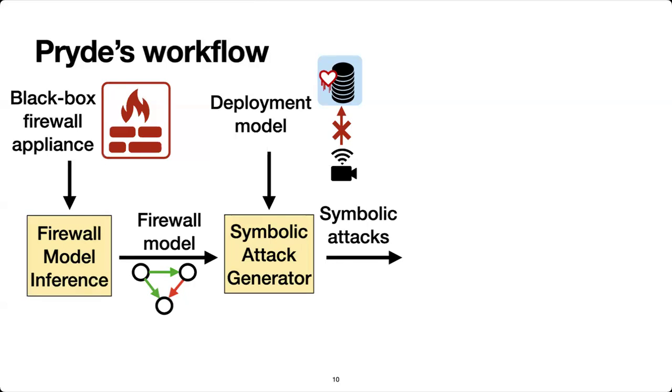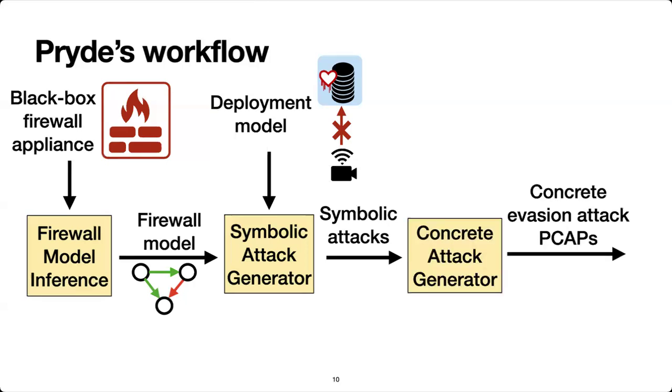So each symbolic attack is an abstract representation of a TCP attack in some high level space. Now, when we actually have to play these attacks out on the network, we cannot deal with symbolic attacks. We actually need concrete PCAPs that can be played out on the network. And that's exactly what the concrete attack generator does.